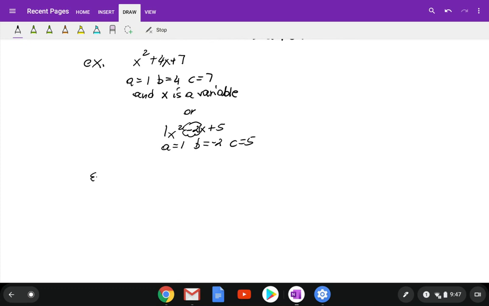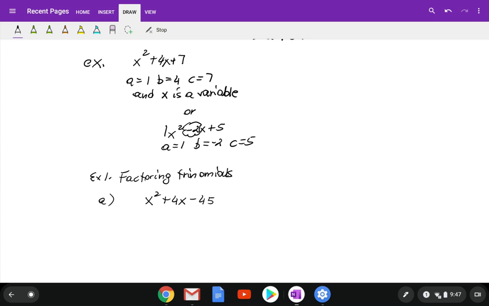Example 1, factoring trinomials. The first one we have is x squared plus 4x minus 45.